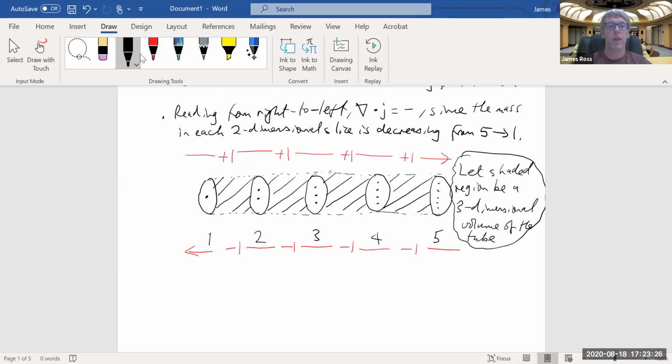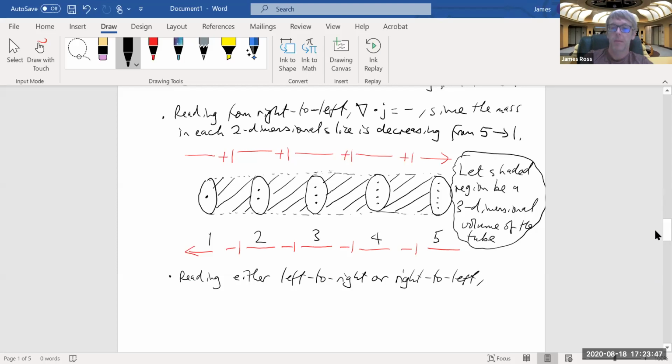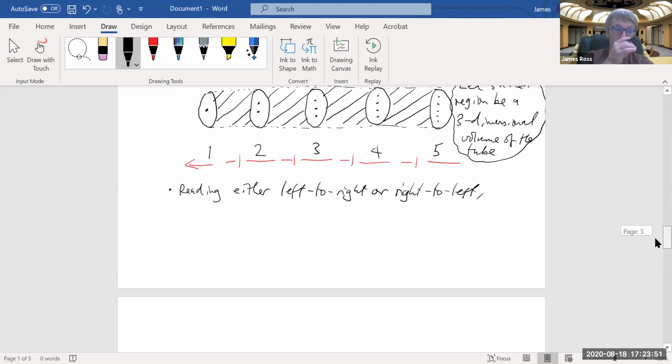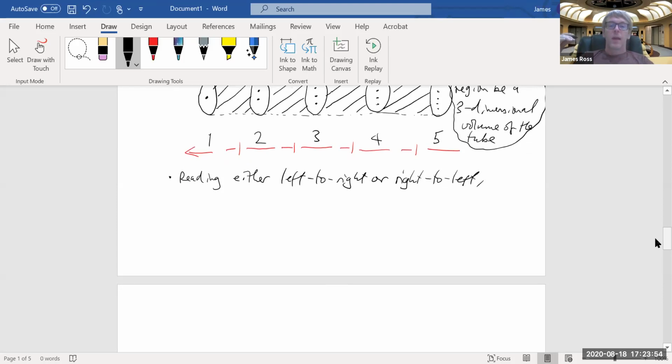So let's comment on that. Reading either left to right or right to left, the change is the same.